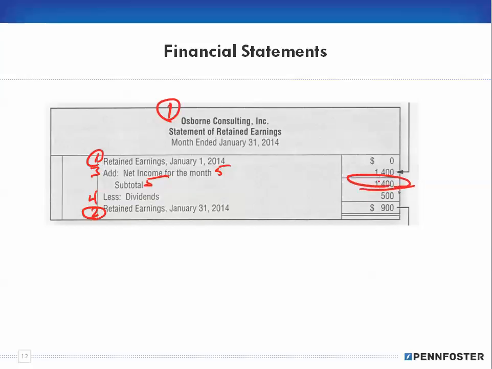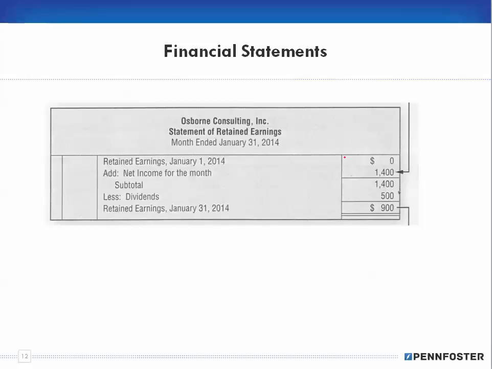And then I write the dividends, write that in, and do the math to get my final amount, my ending retained earnings. You do that process again and again. Notice that I'm only using one column here. Can I use more than one column? Yes. But for right now, just follow what's in the book and use the one column.